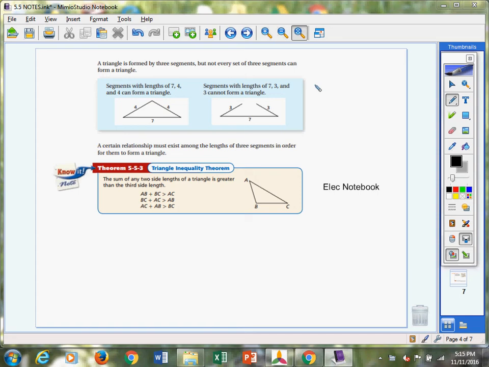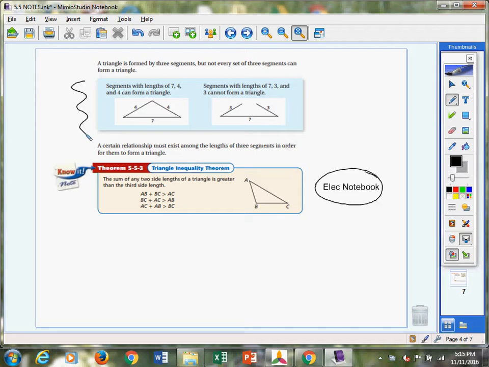To jump into 5.5 section example 3, we have yet another theorem to add to our electronic notebook. I did want to point that out, the triangle inequality theorem, and I'll go over that in just a second. If you look up here at the figure, what I'm trying to impress upon you is that just because you're given 3 side lengths for a triangle, that doesn't mean it actually forms a triangle, okay?